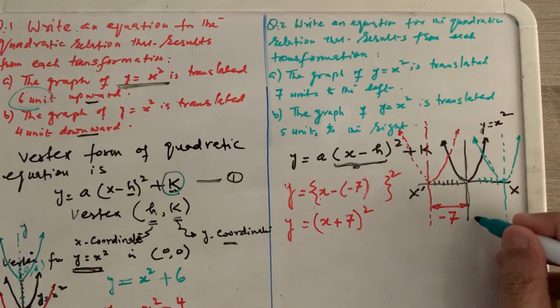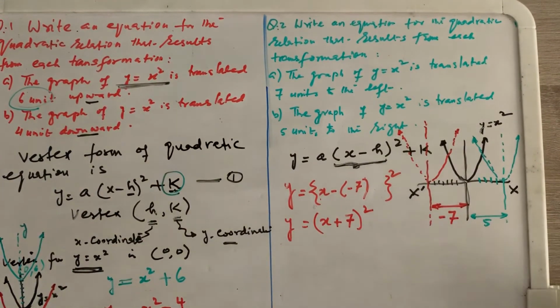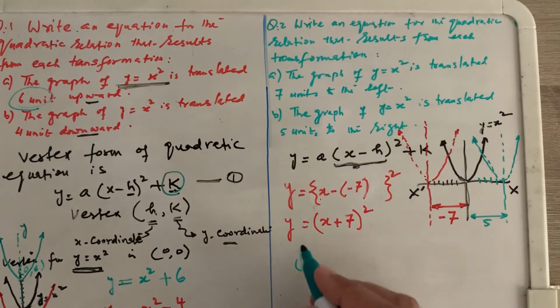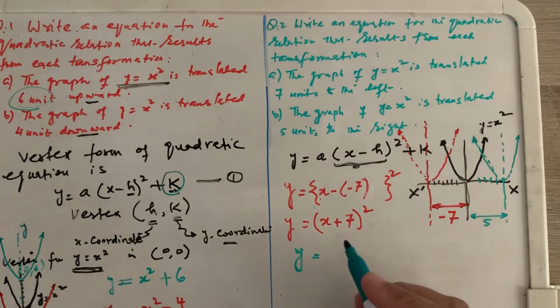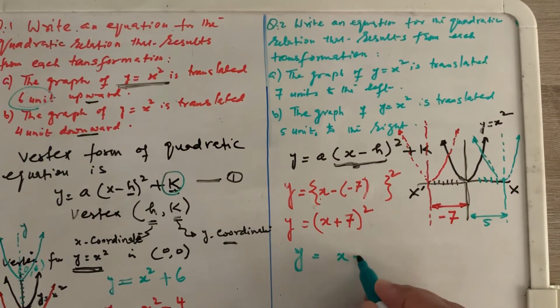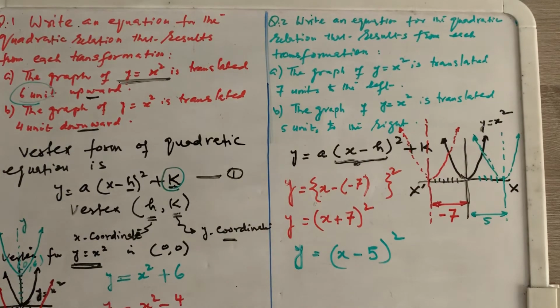What is my h value now? My h value is 5, and it is plus 5. So you have to replace h with plus 5. So now the equation for this green graph, which is translated 5 units to the right, is x minus 5 whole squared. So these are the two facts which we are relating to the vertex form of the quadratic.